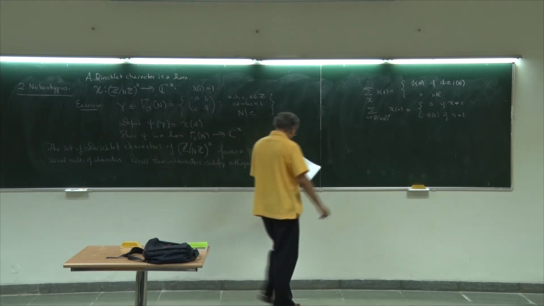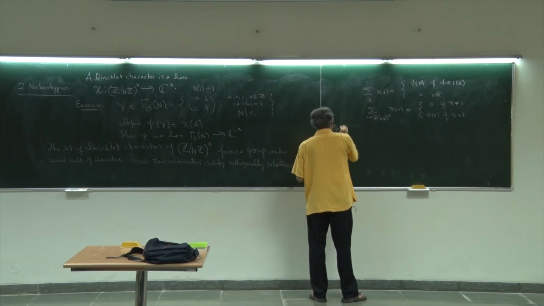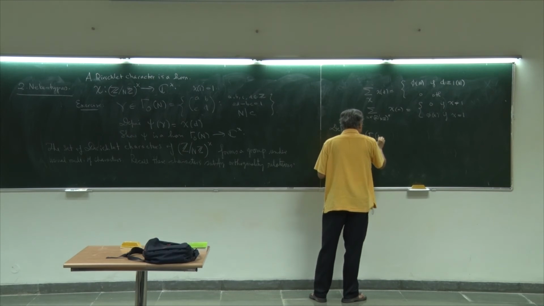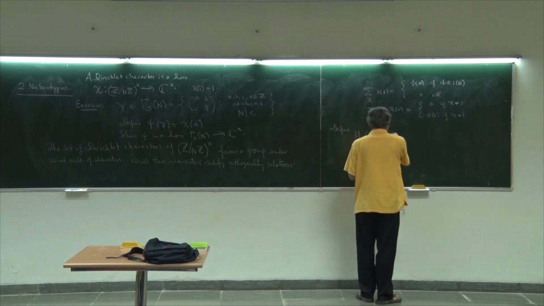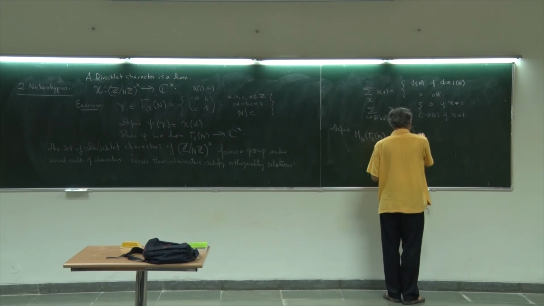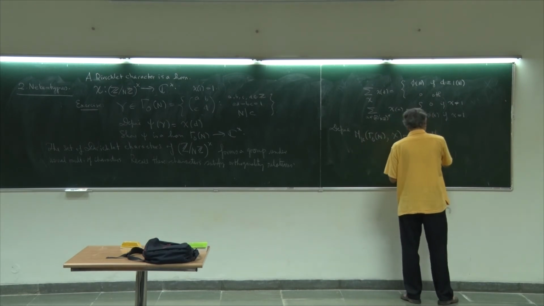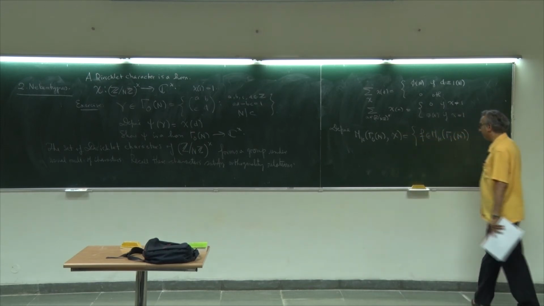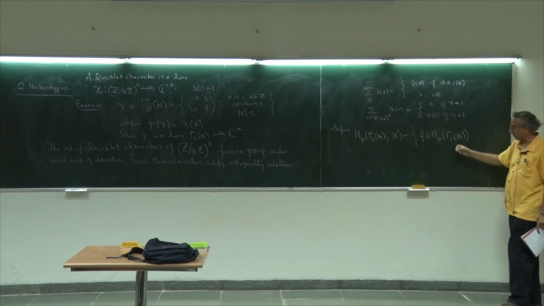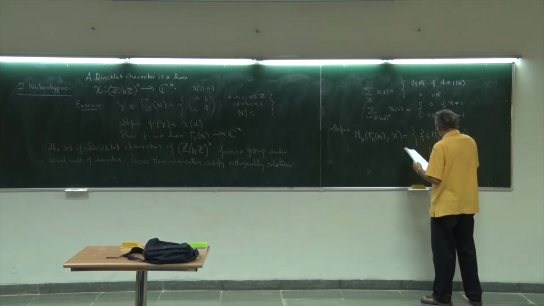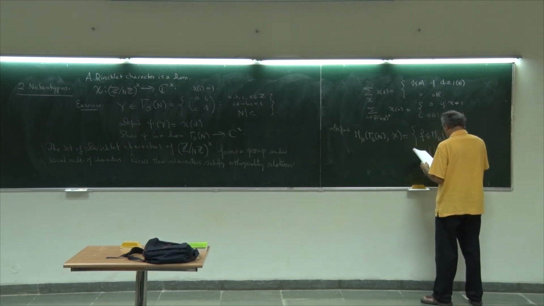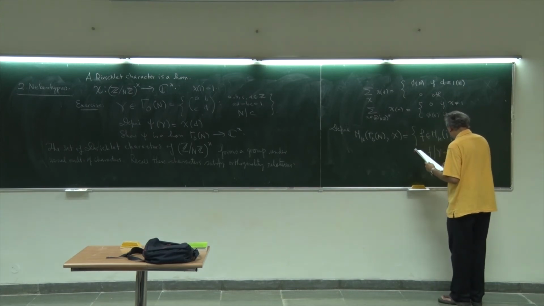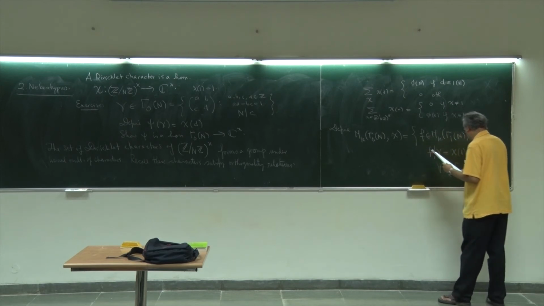So we're going to use these characters to define a space M_k of gamma naught of n, chi, which is going to be the collection of modular forms of weight k on gamma 1 of n. So we know what that means. This is something we're already familiar with. However, f slash gamma is going to be chi of d times f for all gamma in gamma naught of n.